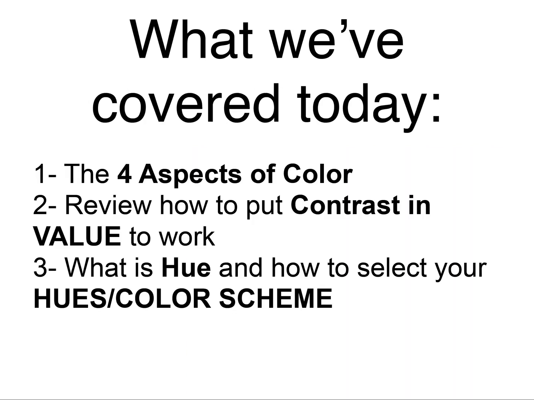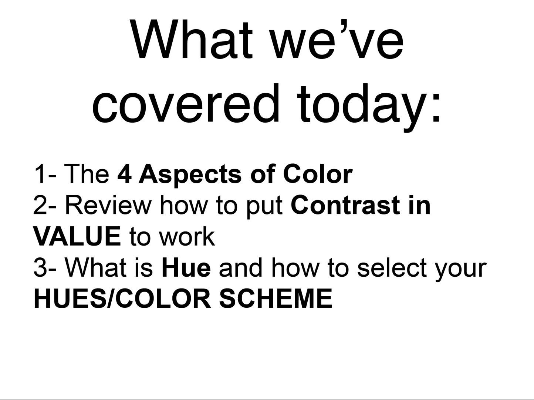So let's look back over what we've covered today. We've looked at the 4 aspects of color, and they were value, hue, intensity, and temperature. We've reviewed how to put contrast and value to work for you. Remember, you want to have a full range of values, and you want to avoid using white and black in mixing your values as you paint.